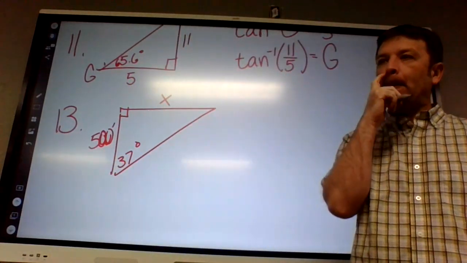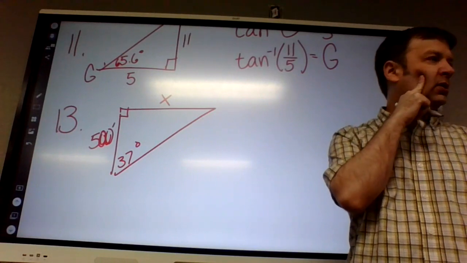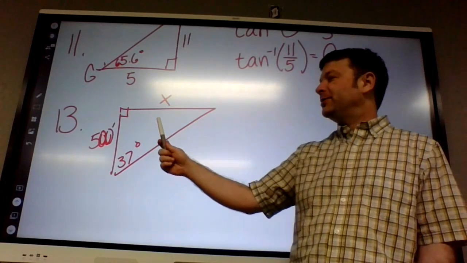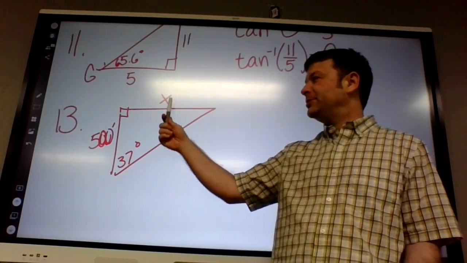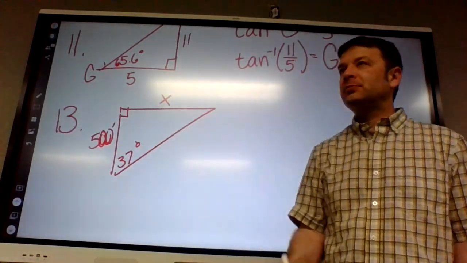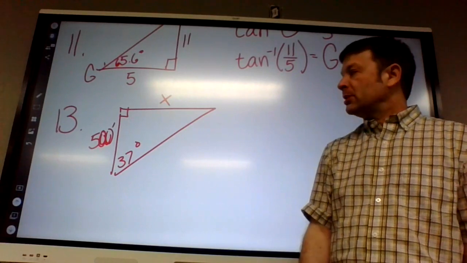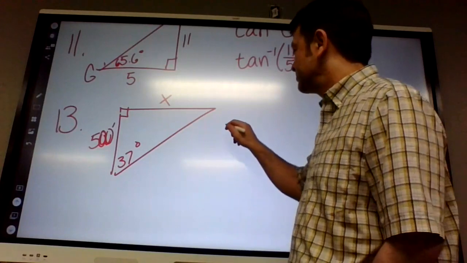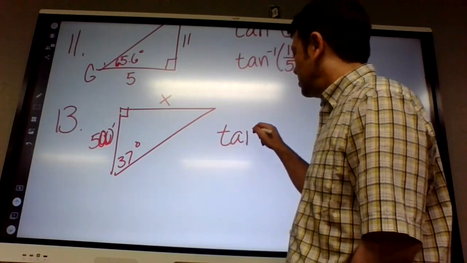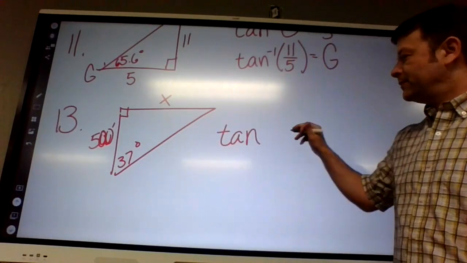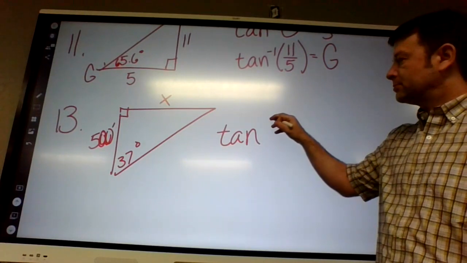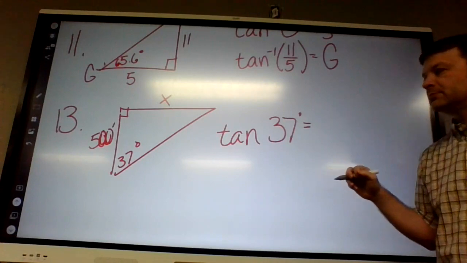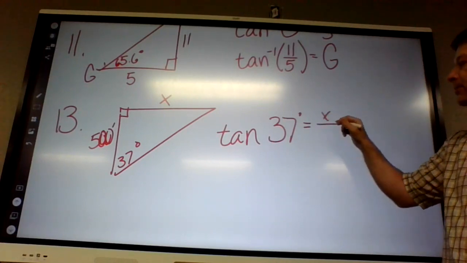Alright. We did not do one. Caden didn't do one. What? Alright, Caden, relative to this angle, what two sides do I have here? Opposite. Which trig function uses opposite and adjacent? Tangent of, you know what comes right here? 37 equals what? X. Yep, opposite over adjacent.